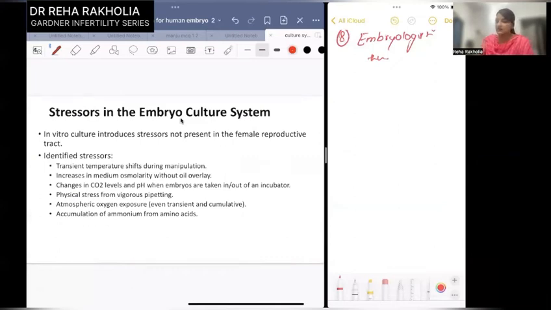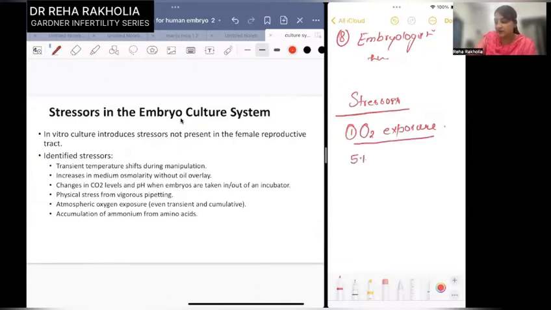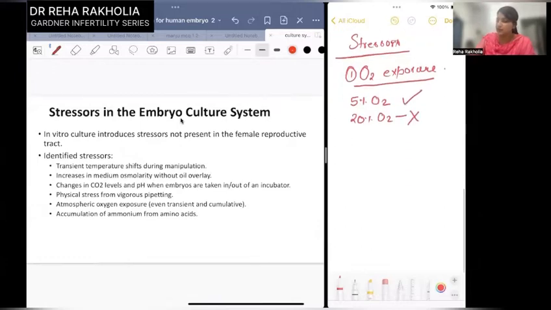Now we'll talk about stressors in embryo culture. What are the stressors? First is oxygen exposure. Like I have already said, 5% oxygen is good and 20% oxygen is not that good. We'll talk about it later.